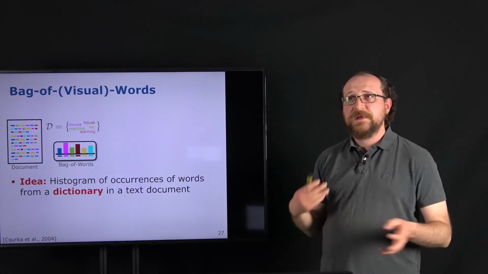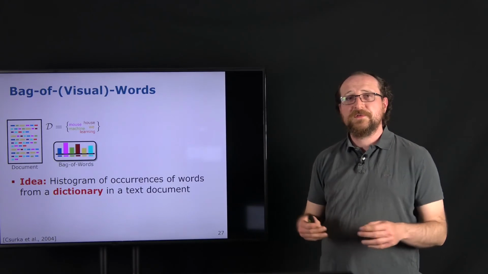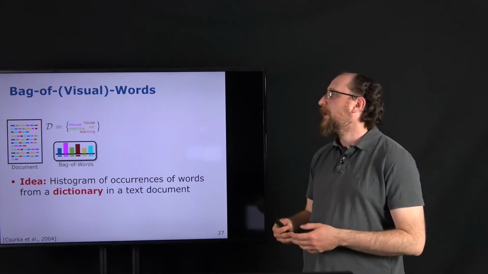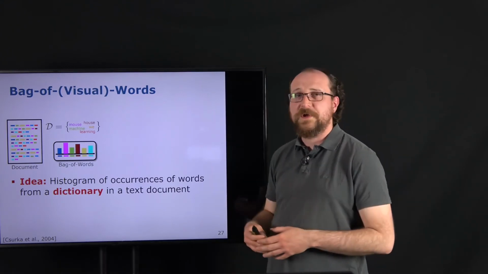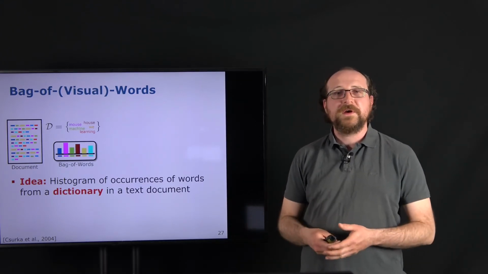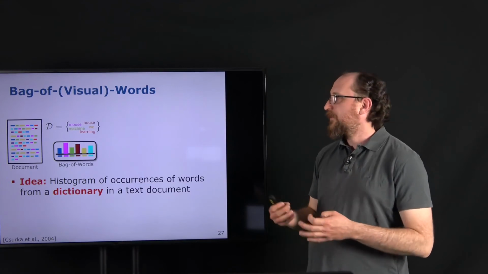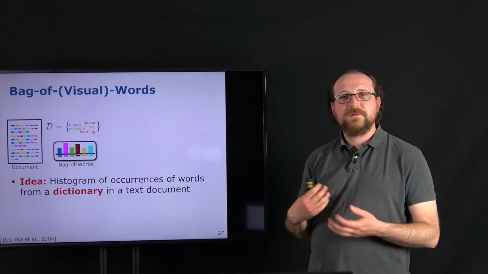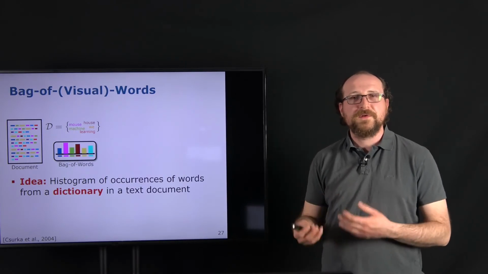Therefore, the name bag of words makes sense, because the structure of the whole document is basically lost, as it is just put in this histogram. It doesn't matter where the word is in the text, it's just the bag of all the words that we find in the text.